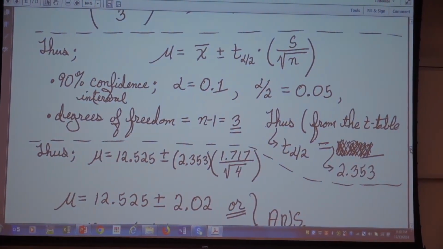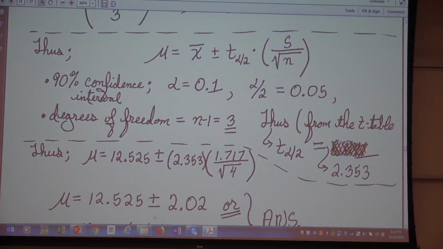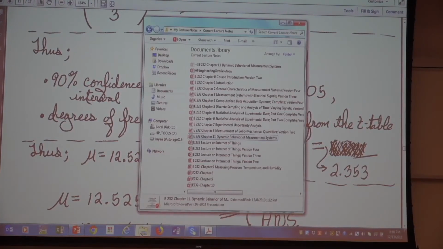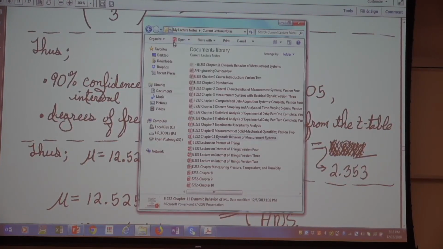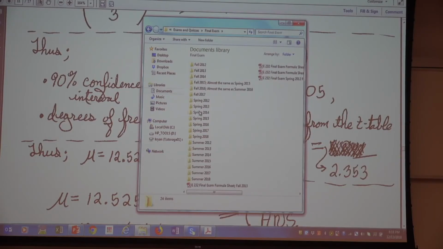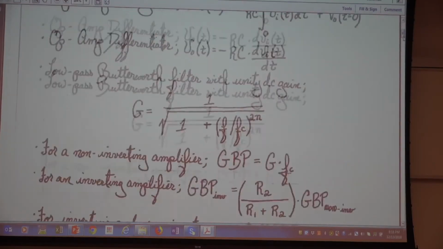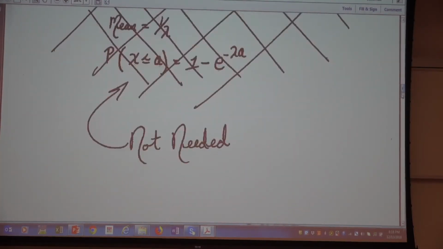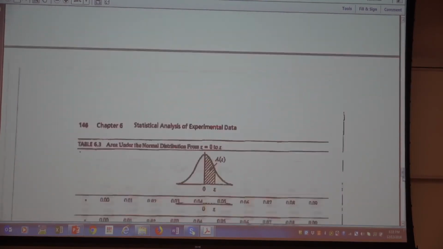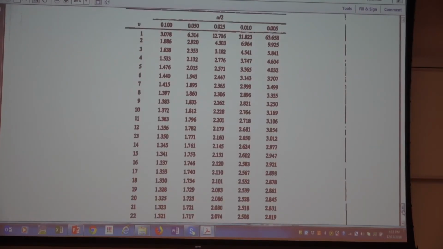Now, just for the fun of it, this will probably be the last time we're going to do it. So let's just do it. Here's the formula sheet that you'll be getting, and here is the student t distribution.